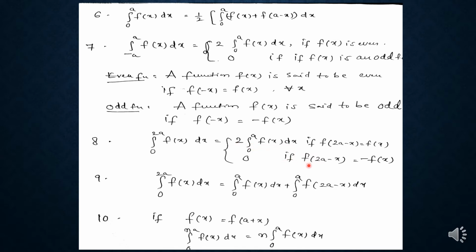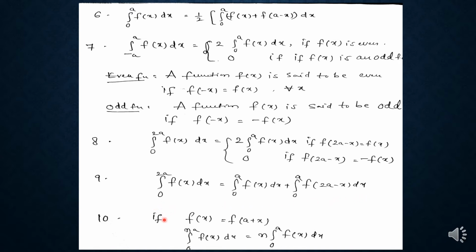If f(2a minus x) is equal to minus f(x), that integral value is 0. Next property: integral 0 to 2a of f(x) dx can be written as integral 0 to a of f(x) dx plus integral 0 to a of f(2a minus x) dx. This is the ninth property.